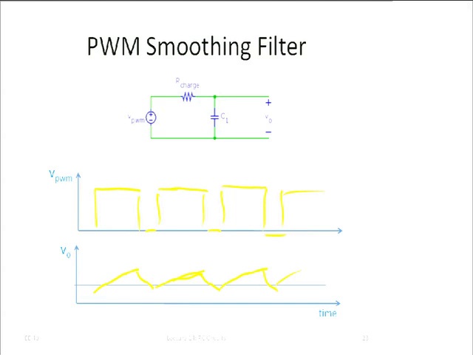We want to figure out how should we choose R charge and C1 if we are allowed to have, for example, 10 millivolt ripple or so, right? So now we have to analyze the circuit in order to determine how big this ripple is, and then hopefully you can adjust R charge and C1 in order to make it small enough, whatever small enough is. Again, your application may require 10 millivolts, another one 50 or so, and that's how we're going to do this.